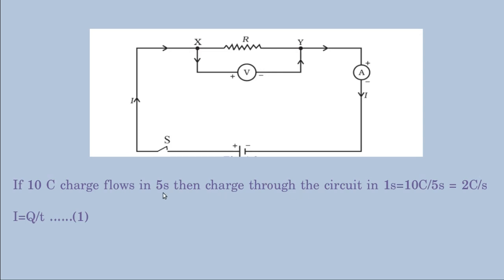So the expression is like this: 10 coulomb divided by 5 seconds, and the answer is 2 coulomb per second. That is, I is equal to Q by T, and it is noted as equation number 1.